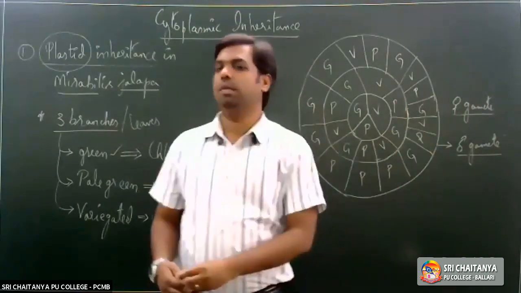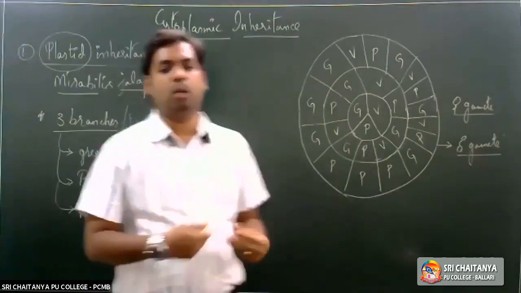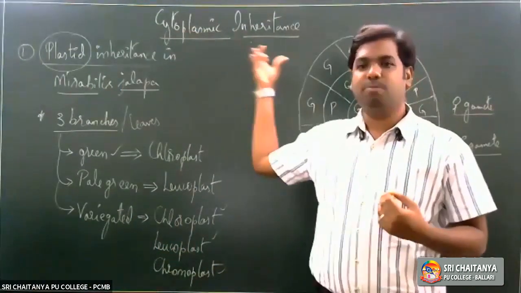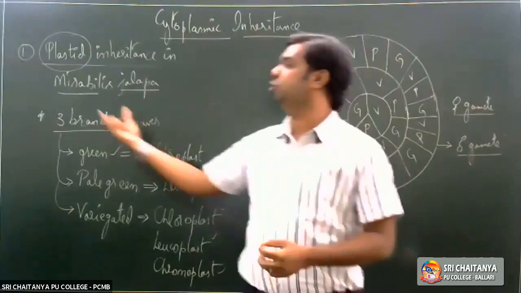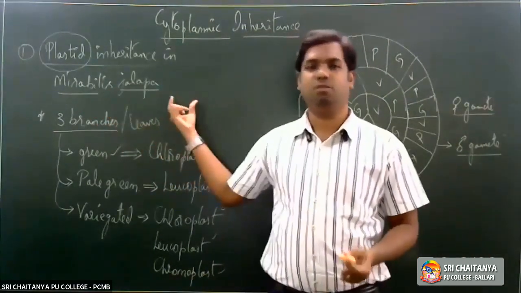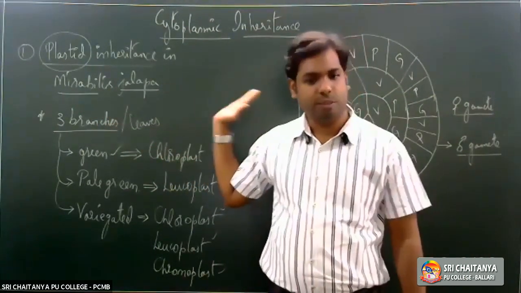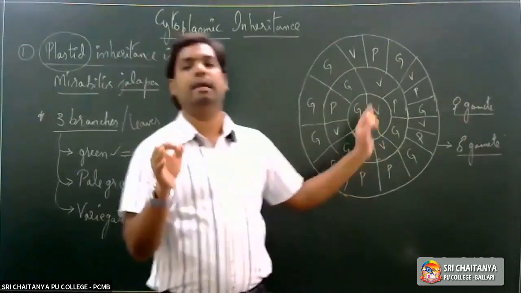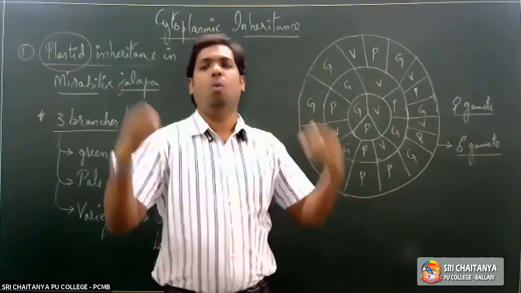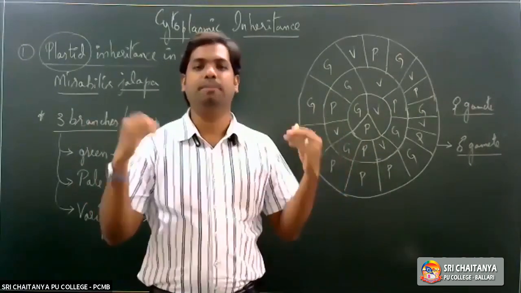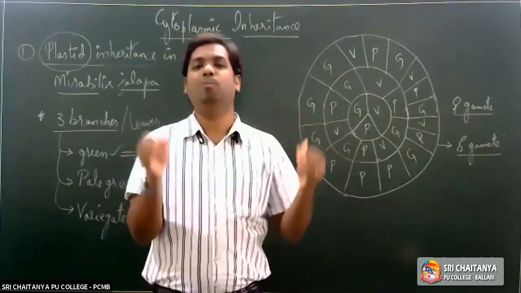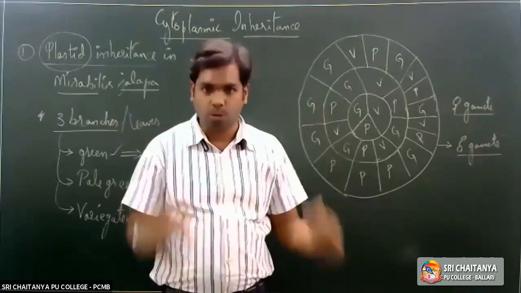So this is the type of inheritance we call maternal inheritance, or cytoplasmic inheritance, which is shown in a plant called Mirabilis jalapa. I hope you are clear with this, right? The only thing you need to remember in maternal inheritance or cytoplasmic inheritance is that whatever character is present in the cytoplasm of the mother, the same character would be seen in the offspring also.